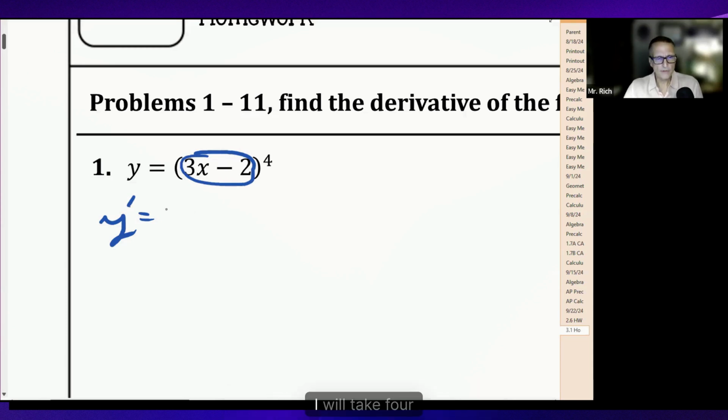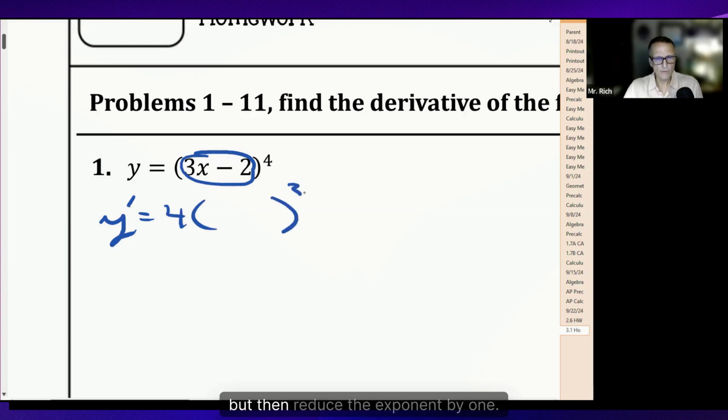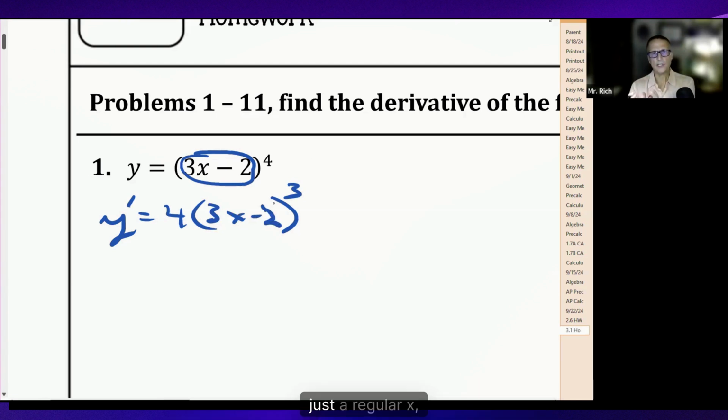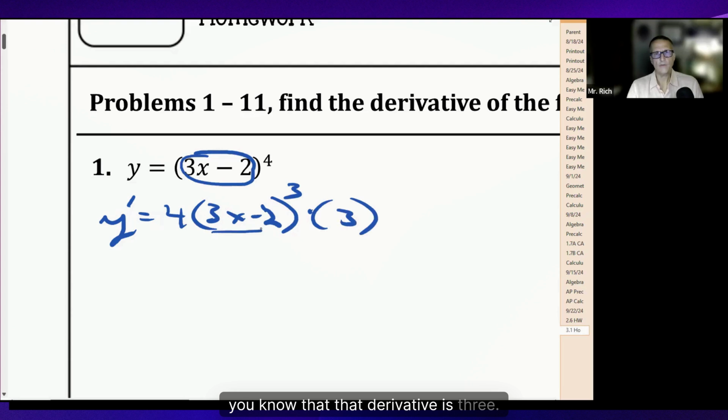The power rule says I will take 4 times that thing, but then reduce the exponent by 1. 3x minus 2 is what that thing was. That is the power rule. But since the thing inside the parentheses was not just a regular x, it was another function, 3x minus 2, I need to multiply by the derivative of that inside part, which hopefully you know is 3.